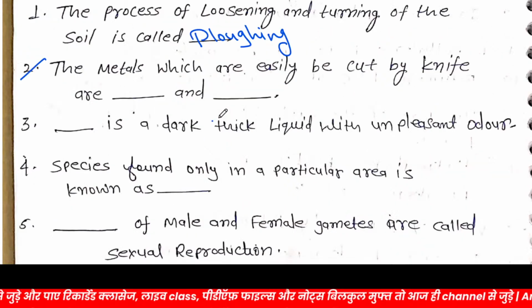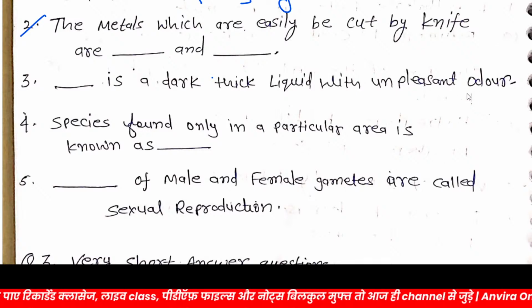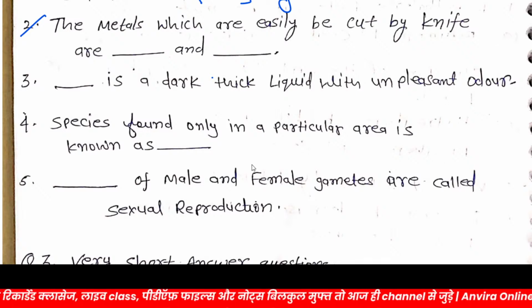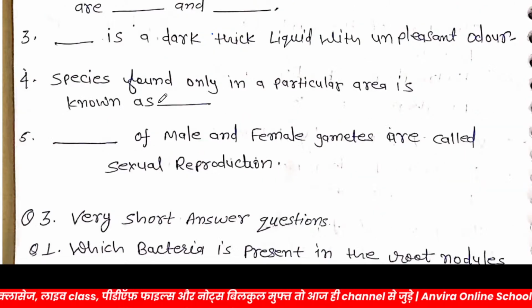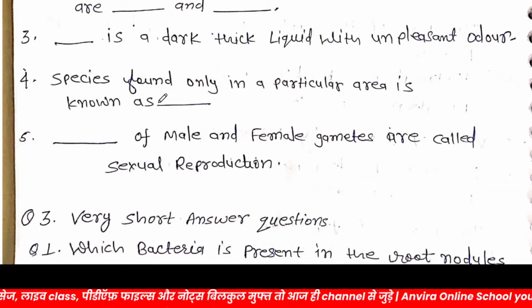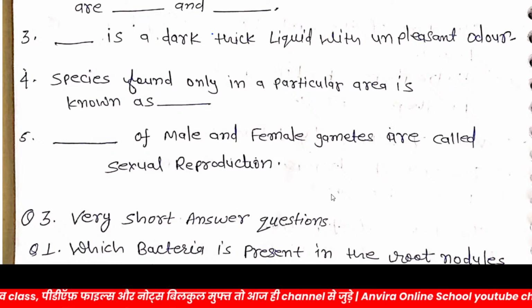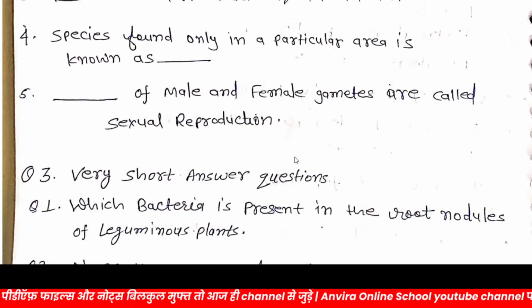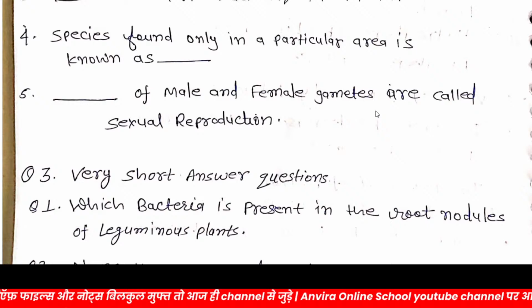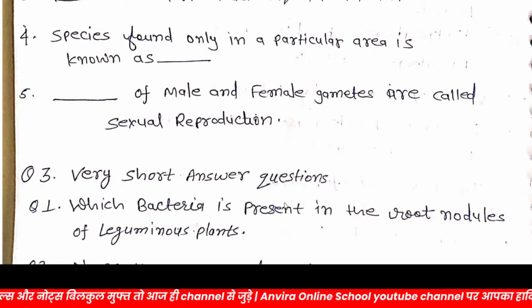Next, blank is a dark thick liquid with unpleasant odor. It is coal tar. Next, spices found only in a particular area are known as endemic spices. Next, blank of male and female gametes is called sexual reproduction. It's fusion.